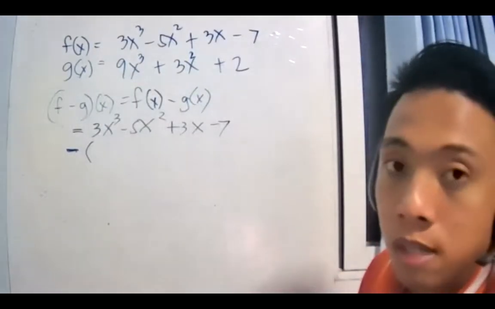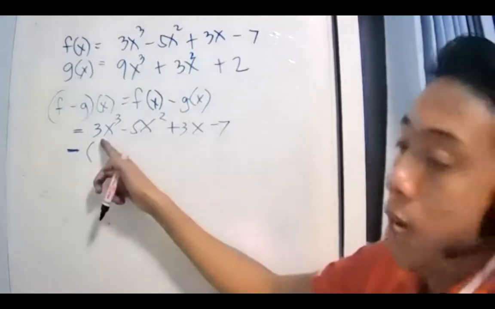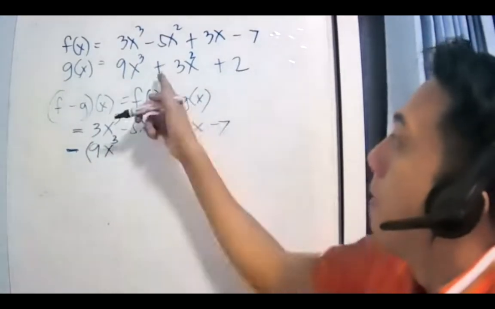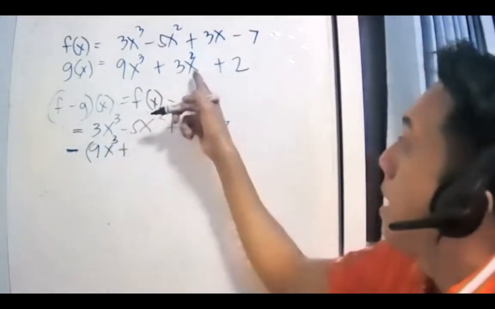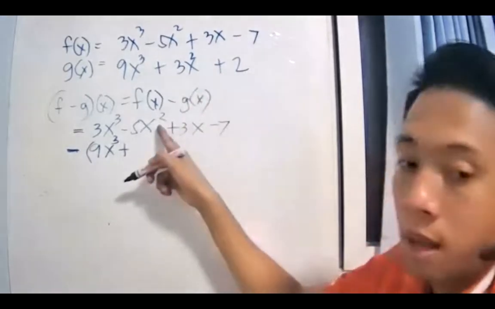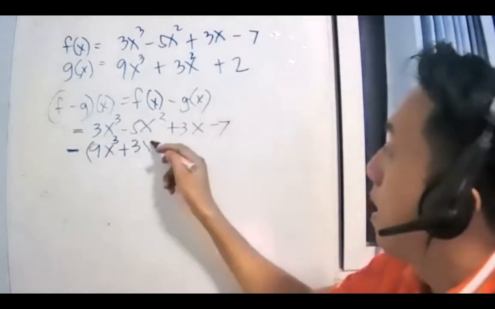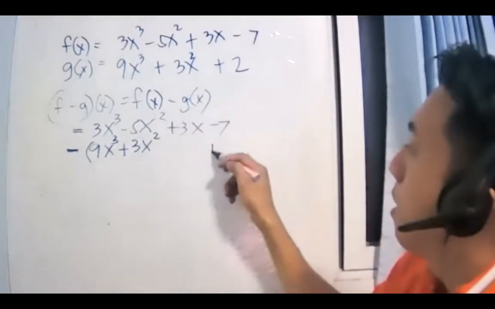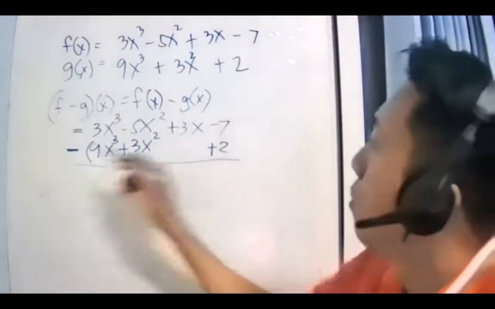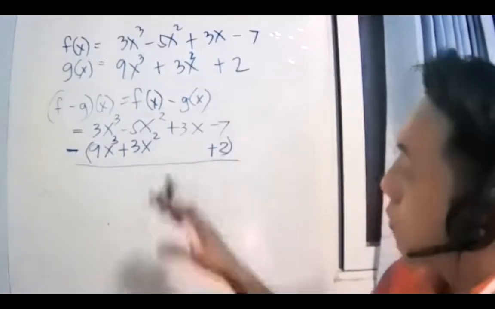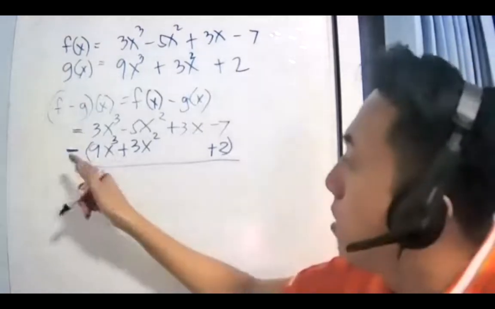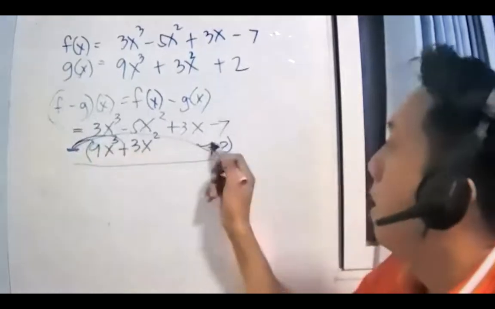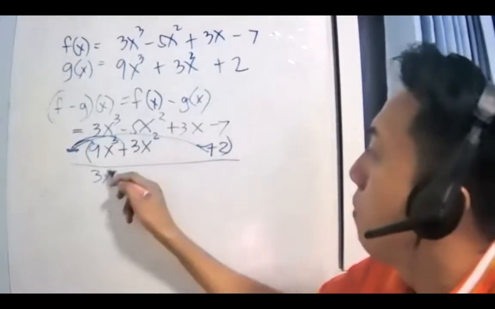Of course, doon din sa x na mayroong cube. So 9x cubed plus 3x squared, tapat ng x squared. Meron ba tayong x lang? Wala. Number? Yes, tapat ni 7 na positive. Before we can solve for this one, let us first distribute this negative doon sa loob. Okay, so I will just copy 3x cubed first.